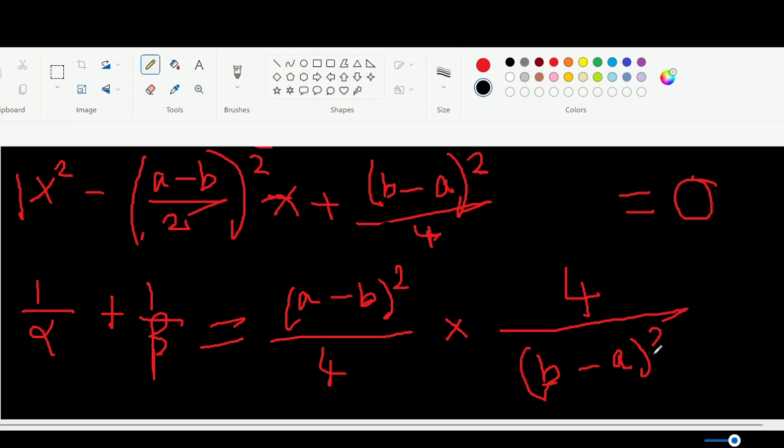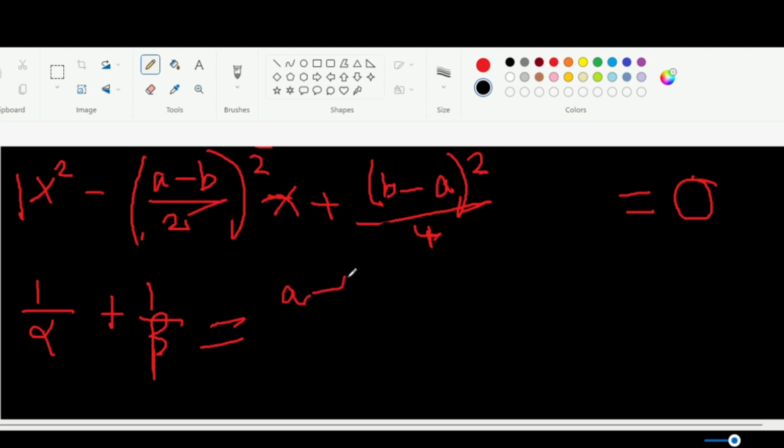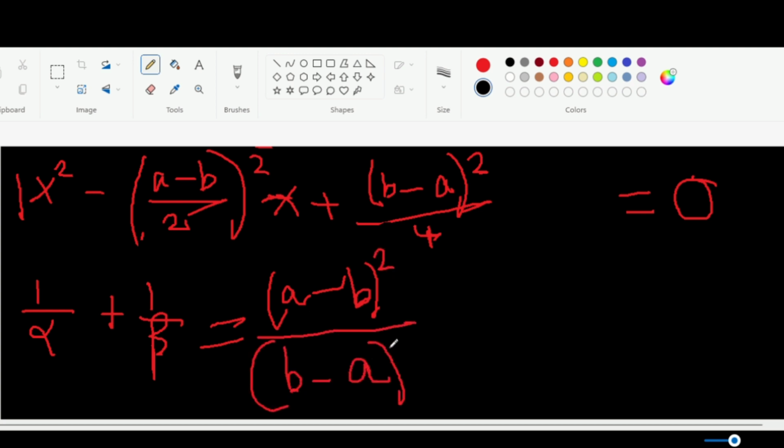Here both 4's will be cancelled and the final fraction that we'll get is (a minus b) whole square divided by (b minus a) whole square. (a minus b) whole square and (b minus a) whole square will be cancelled as they are equal according to our formula.